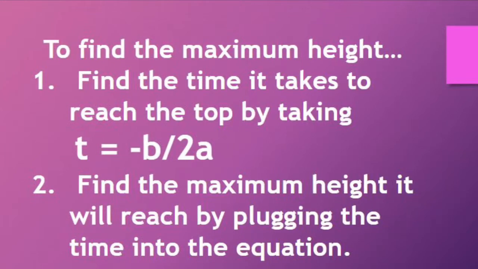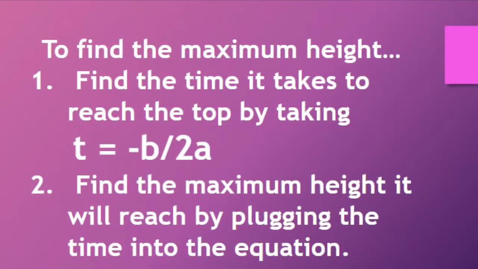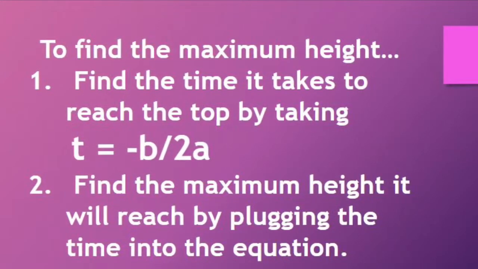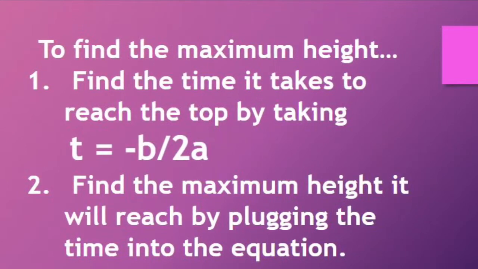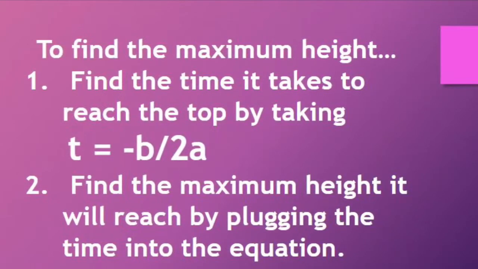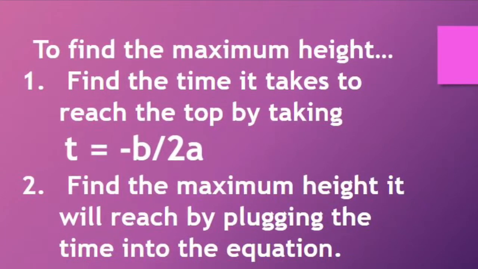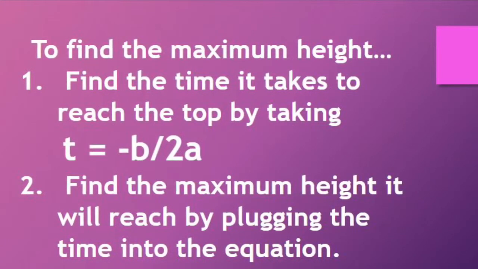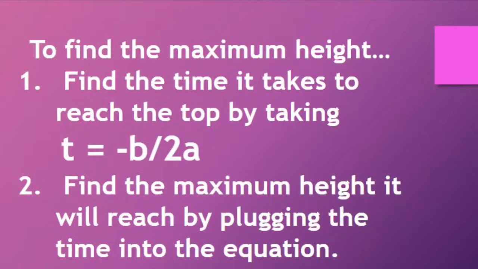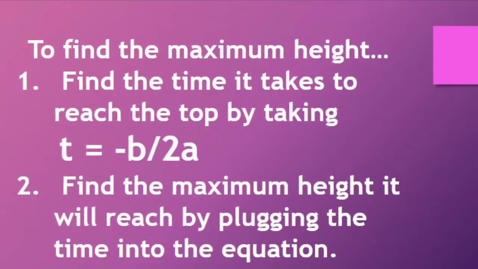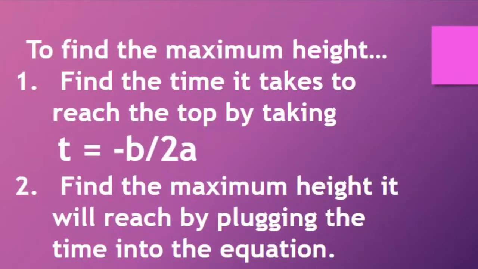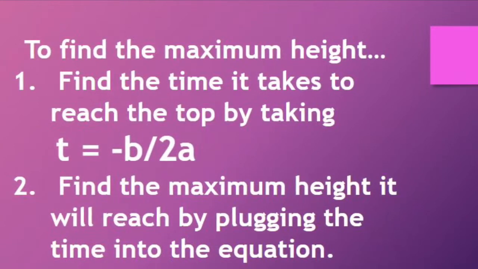The second thing we learned to do on Tuesday was to tell what the maximum height of the object would be during its path. We knew that this maximum height occurred at the vertex of the parabola, and so the first thing that we had to do was find the time at which this occurred, which is the line of symmetry, or the middle of the parabola.